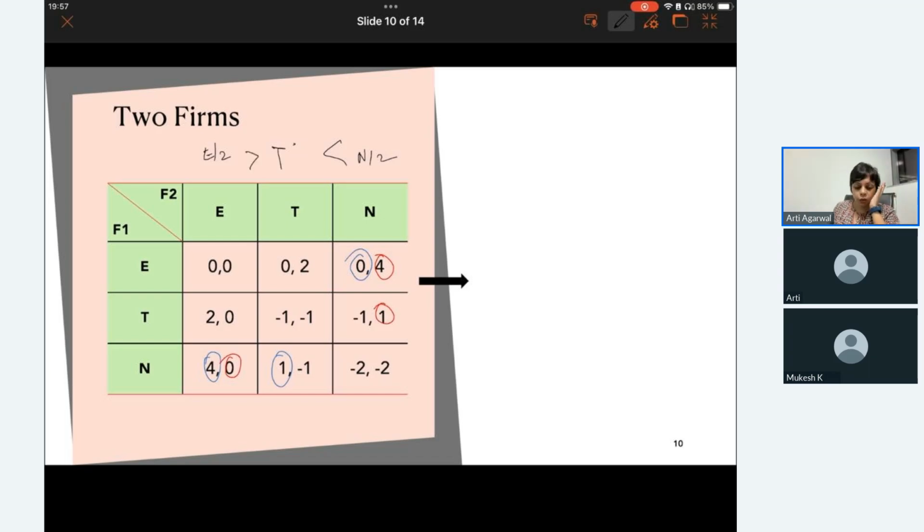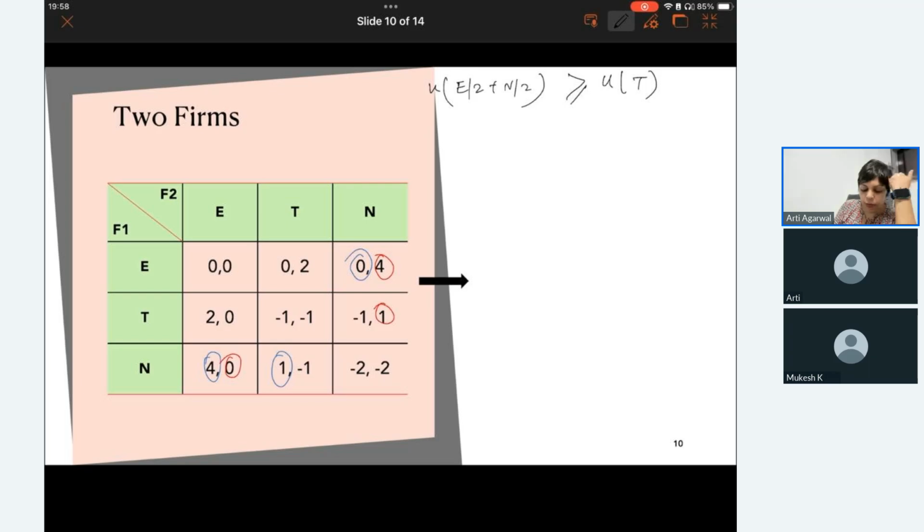So if you play the strategy E/2 + N/2, the utility from this is greater than or equal to the utility from T. This is what I'm trying to say. I had explained this last time, but I just wanted to go over it once again.